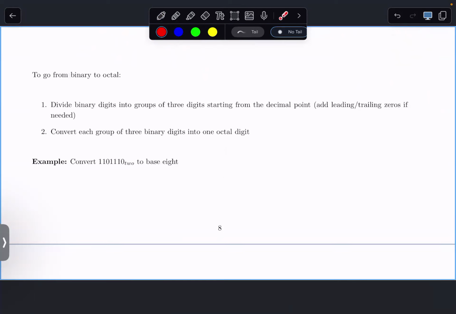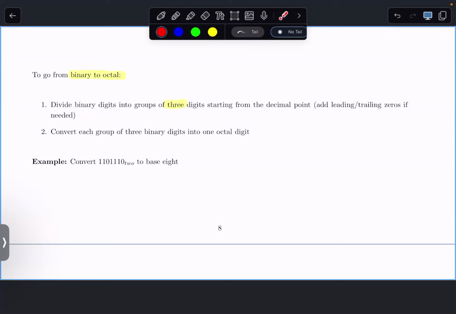So the shortcut from binary to octal, pretty limited uses, of course, but moving between these, what are you gonna do? You're gonna divide your binary digits into groups of 3. I'll highlight the 3 because spoiler alert, when we go to hexadecimal, we do the same thing, but groups of 4.